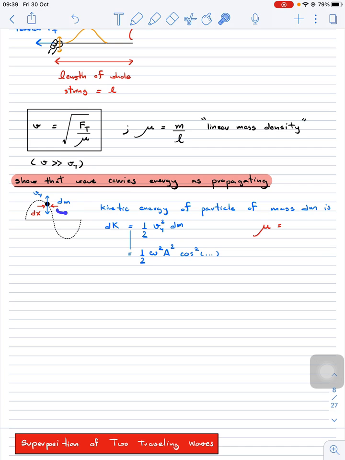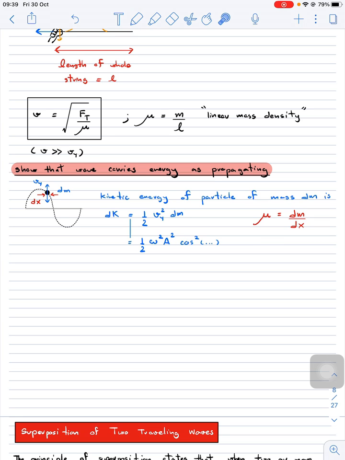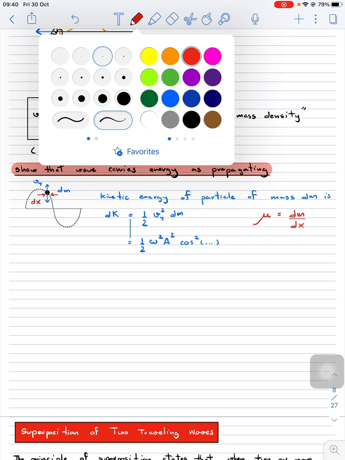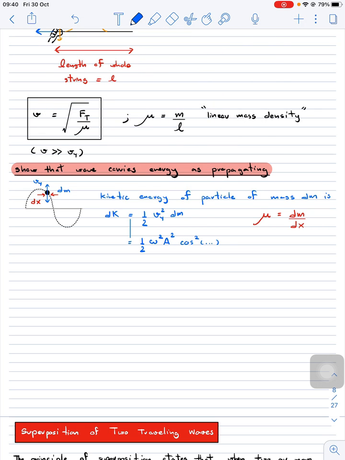So if the mass of this element equals dm, and the length of this element equals dx, now you can see that we can write down the dm in terms of the mu and the dx, which is equal to mu times dx.